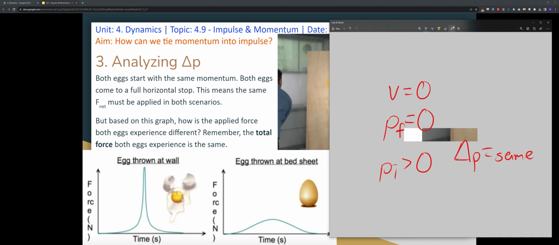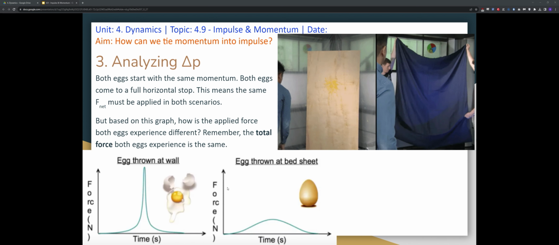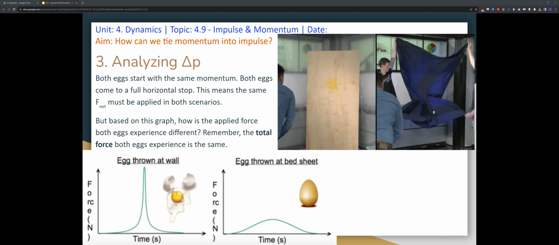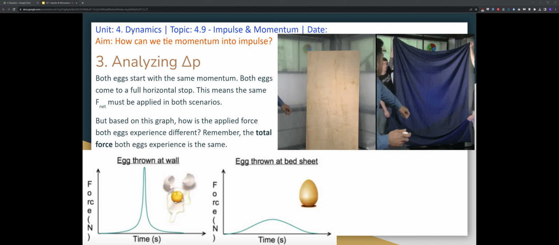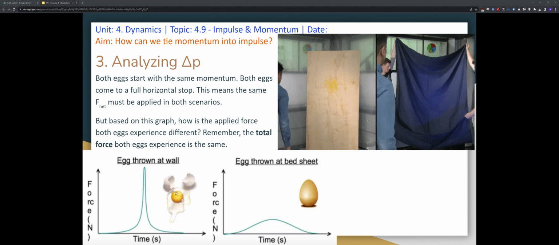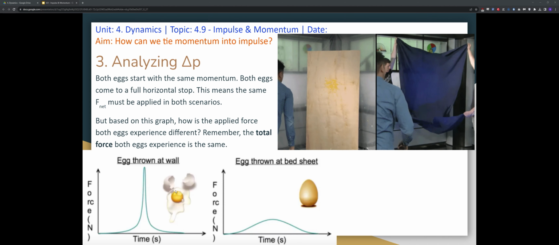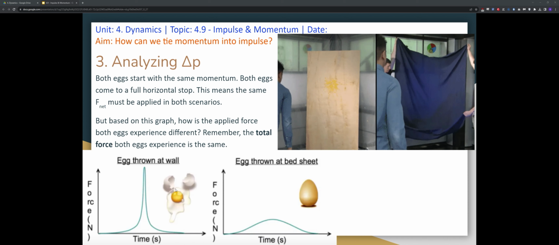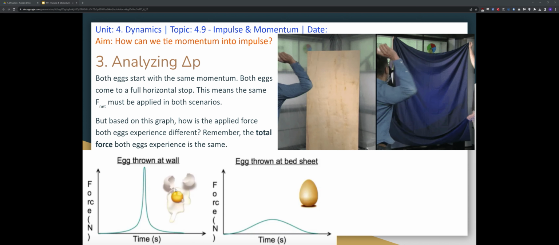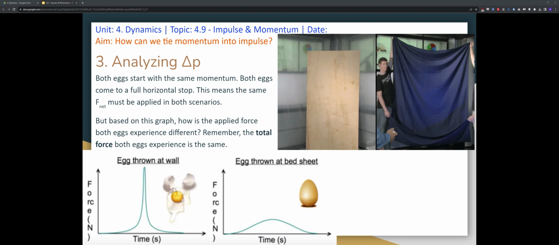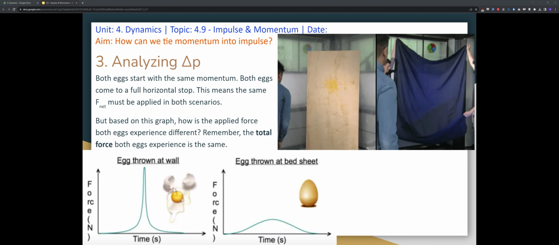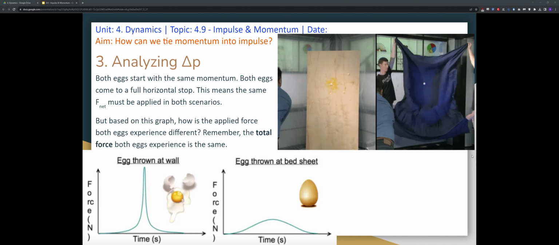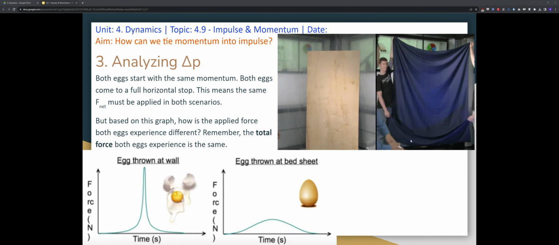But if you take a look at the graphs on the bottom, you'll see that the applied force in both situations is clearly different. When you throw the egg at the wall, it applies a force on the egg at really a singular point in time, over a brief moment. Whereas the sheet applies a force on the egg over a longer period of time, so there isn't as high a peak of force.